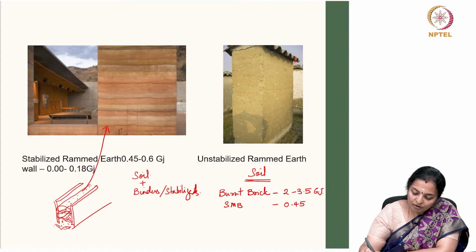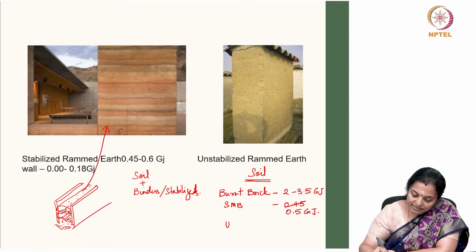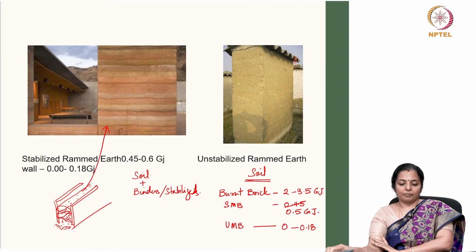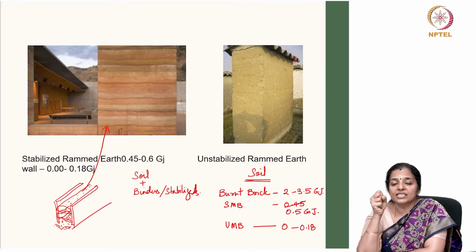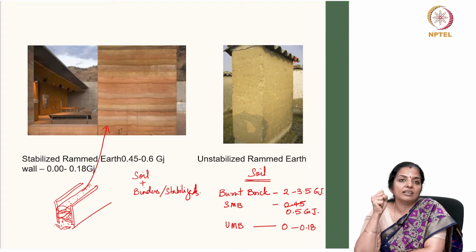Let us assume for convenience 0.5 gigajoules, whereas unstabilized rammed earth has 0 to 0.18 gigajoules of embodied energy. That is the extent of how low embodied carbon and low embodied energy materials these two are.